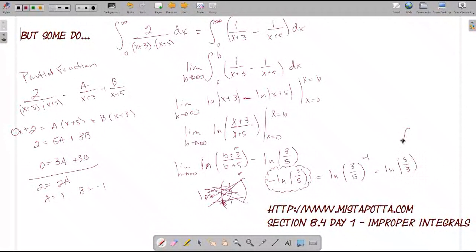And because 5/3 is bigger than 1, this actually is a positive area. So it's certainly a perfectly reasonable area for this function.